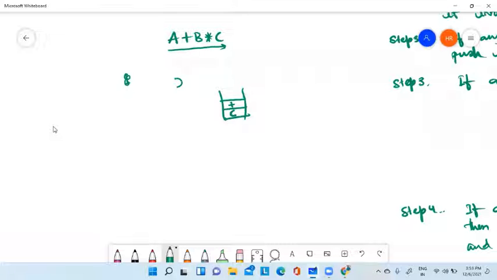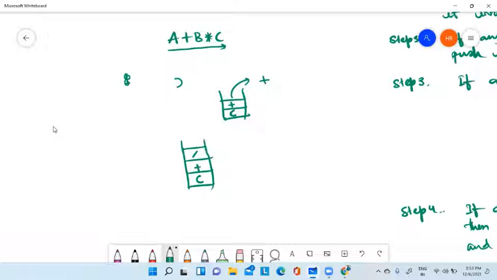So what does this step 4 say? Step 4 says repeatedly pop all the operators. There is only one operator, so this operator will be popped. If there is any more operator, suppose the picture is like this: already there is a left parenthesis, then a plus, then a division. See, this picture is possible.